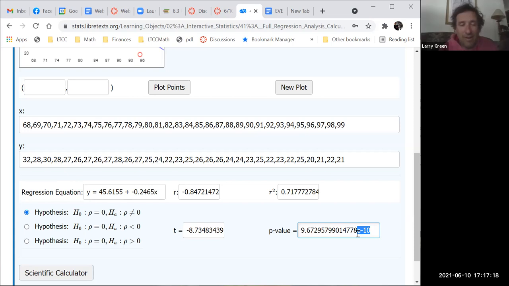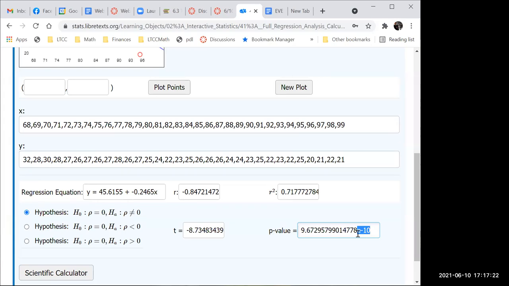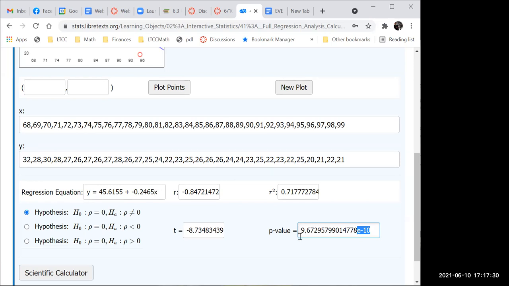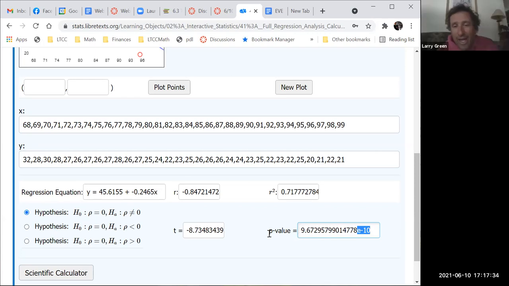The e negative 10, what does that mean to the number? Times 10 to the negative 10. Yeah, so it means move the decimal over 10 places. The first place just moves it to the left of the 9, and the other 9 is going to give you zeros in the decimals. So we have 967.